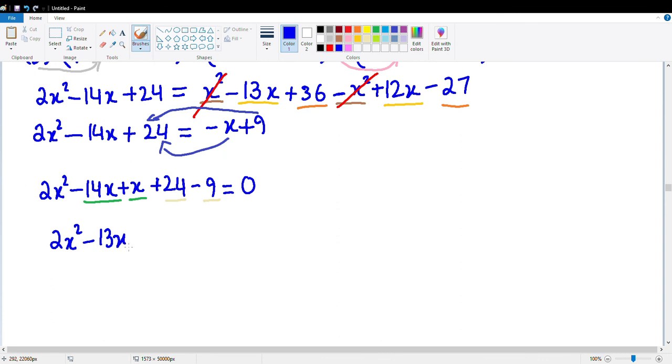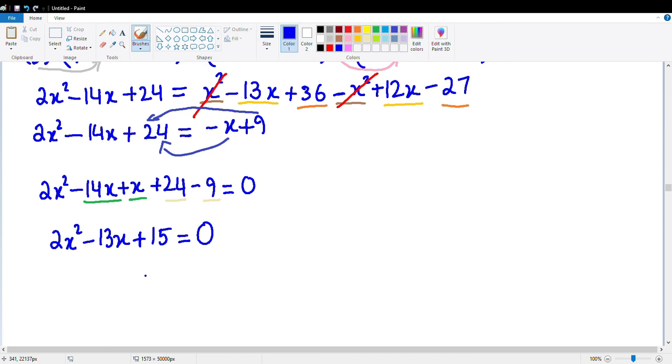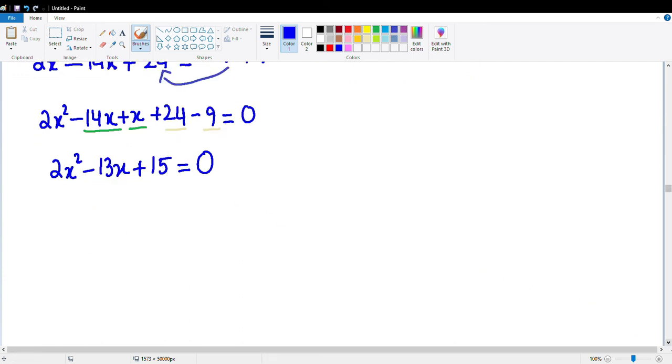So minus 13x, and simplifying this, we'll get equals 0. So now let's solve it using the factorization method, since obviously we have to solve it with the factorization method.